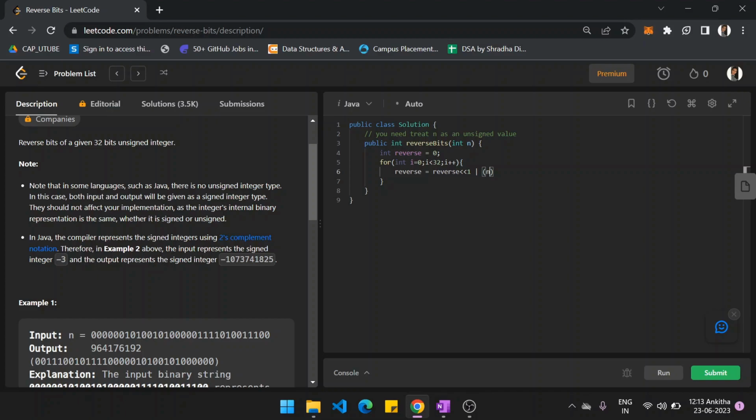So you can give the pattern. So next what you do, n equal to n right shift by 1, and at last you return the number reverse.